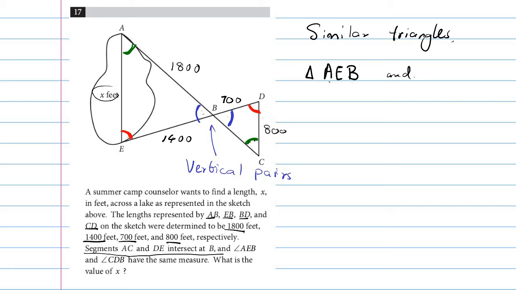A is equal to C in the other triangle, so I will start writing C, and then E is equal to D in the other triangle, so I'll write CD. So corresponding A is C, E is D, and then B will be equal to B in this triangle itself.